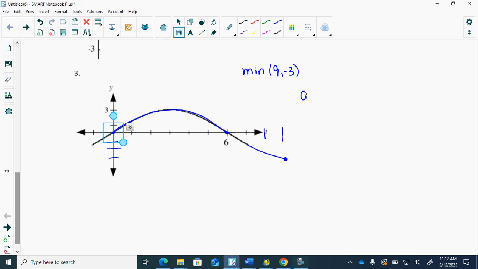Amplitude equals the absolute value of 3 minus negative 3, divided by 2, which is 3. If I count the distance up, it's 6, and half of that is 3.